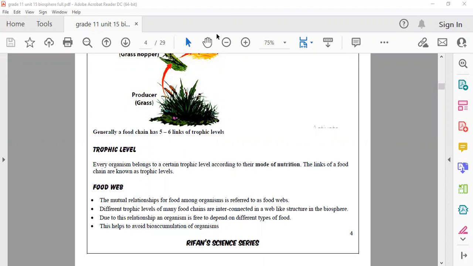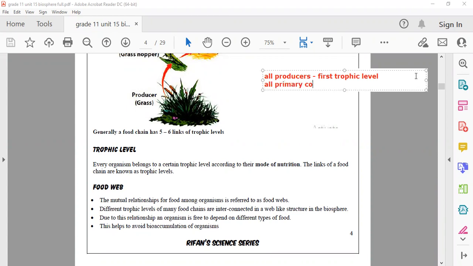All producers come to the first trophic level. Under trophic level notes, you mark this: all producers, first trophic level.